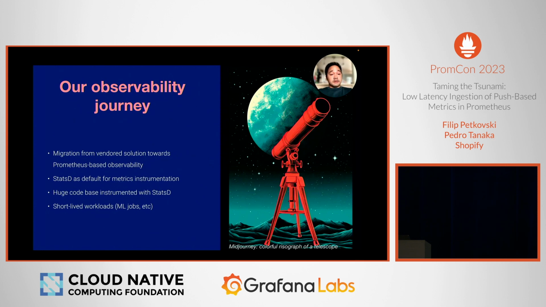The journey towards the solution we are presenting today started for my team when we began a migration from a vendor solution towards a Prometheus-based observability stack. At that moment, the applications were using statsd as default for metrics instrumentation, and we even started looking into migrating those apps to use Prometheus-based instrumentation, but we had this huge code base already instrumented with statsd, and we also saw that Ruby lacked a good implementation of Prometheus native instrumentation.